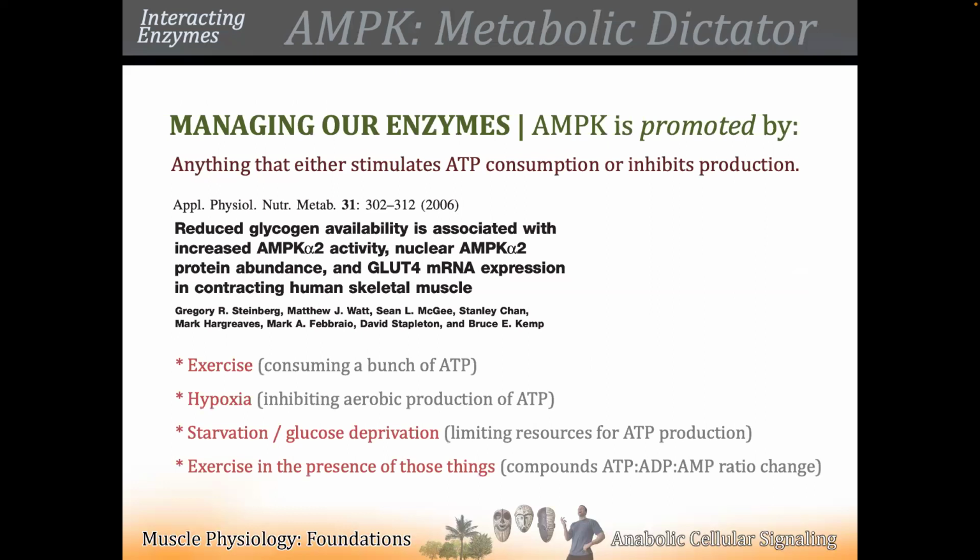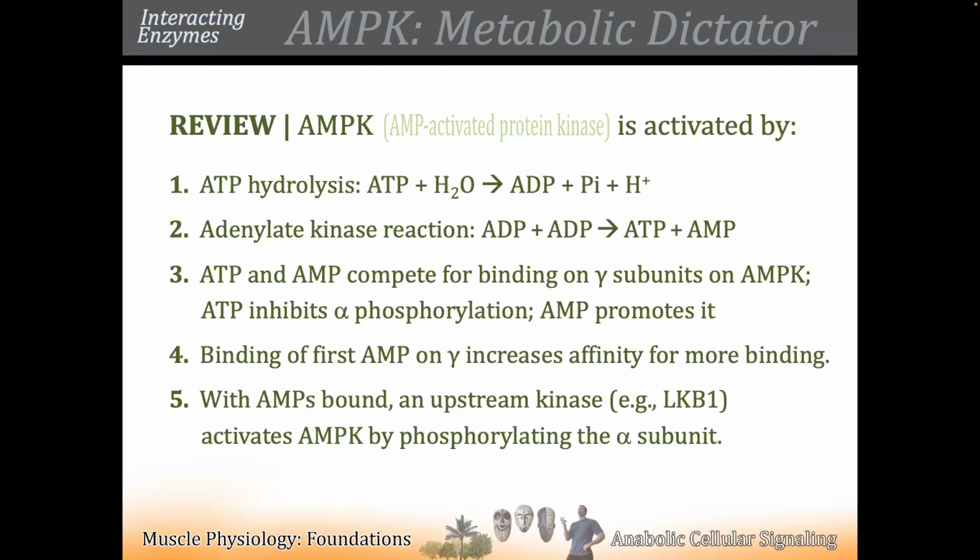So anything that produces AMP is going to activate AMPK. Like a high altitude hike, while you're fasted, right, you're going to get a bunch of AMPK activation. But let's review how AMPK gets activated, narrative form here.